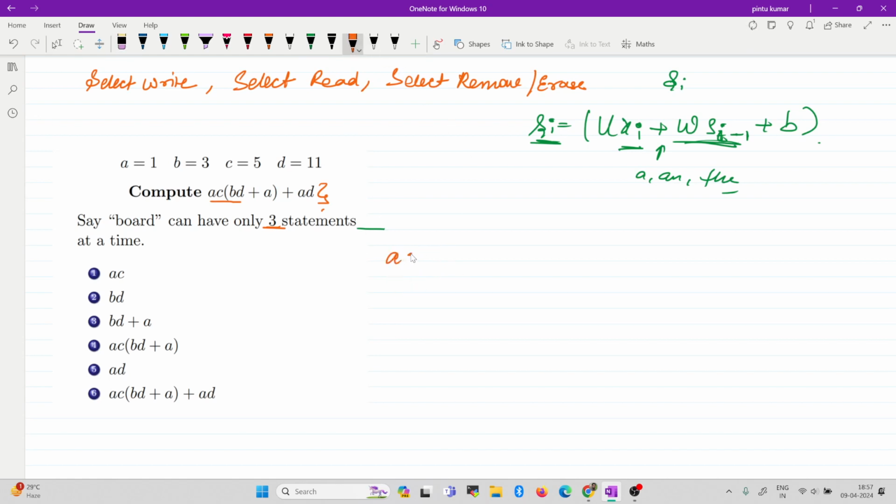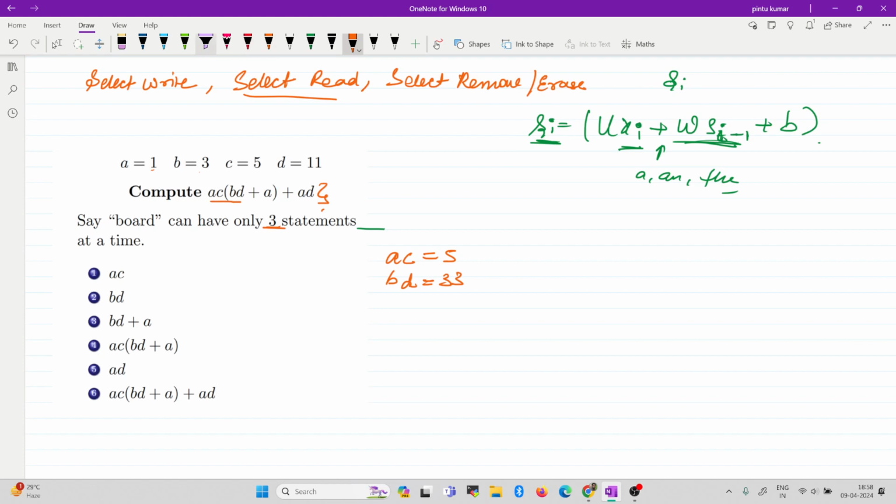We can write AC, right? We can calculate it in the mind. We can write AC is equal to 5, right? We can again write BD, BD is say 33.